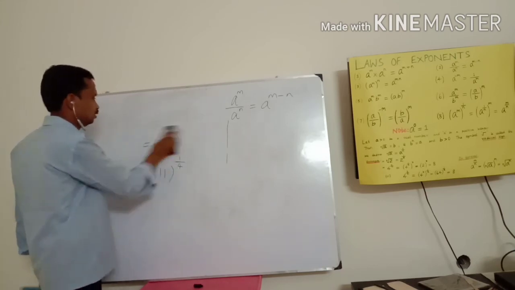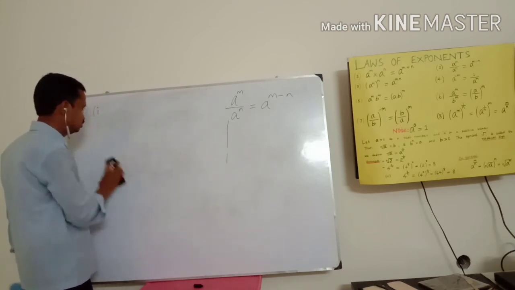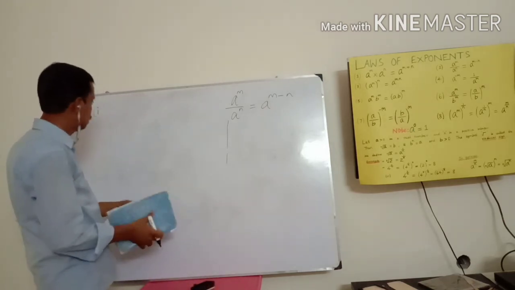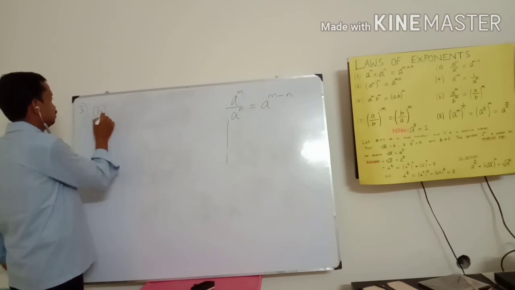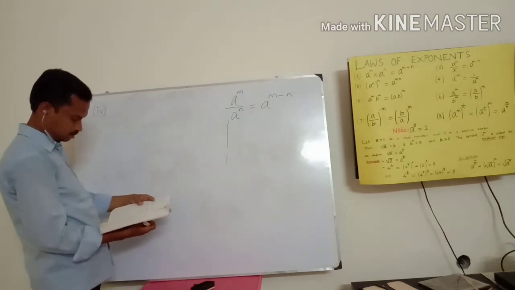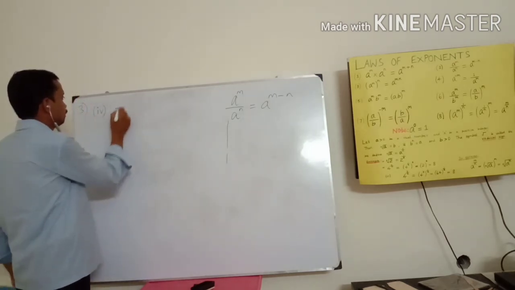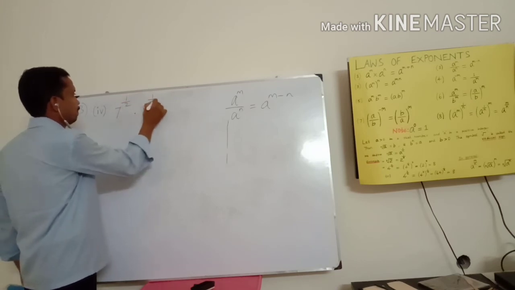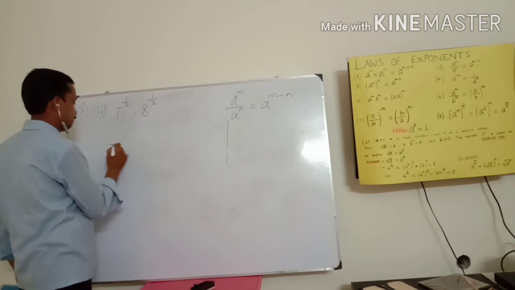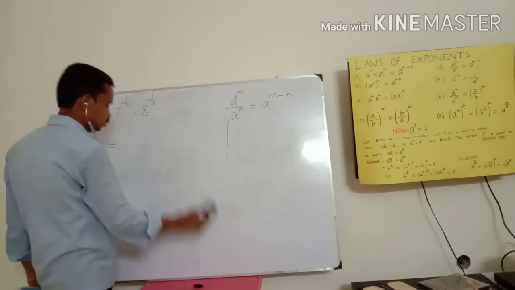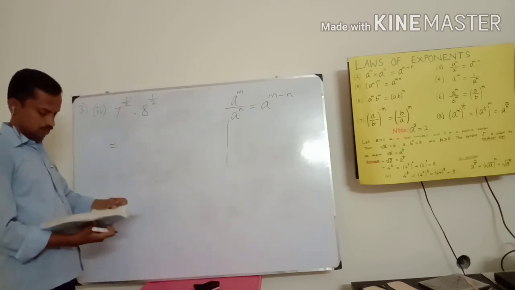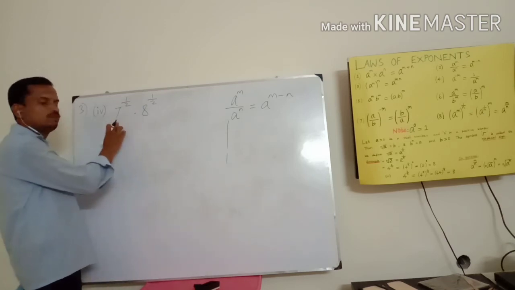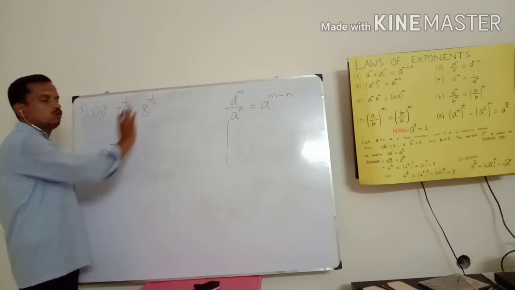The third question, the last sum of this chapter. 7 power 1 by 2 into 8 power 1 by 2. 7 power 1 by 2 into 8 power 1 by 2.